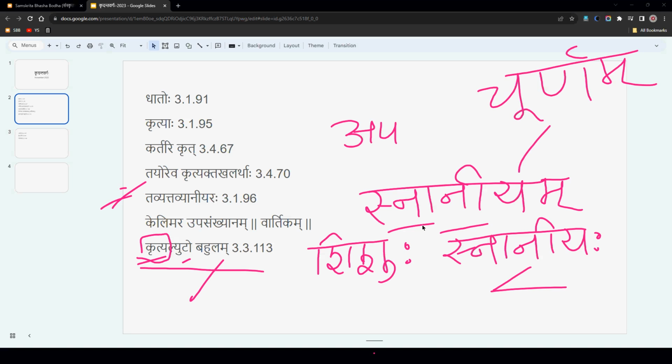Previously they used to use the churna, but now soap. Snaniyam dehi means give me that soap. So that soap is used for bathing, right? It is a karana or sadhanam, the instrument used for that action, bathing. So because of the language usage, snaniyam is being used for karanam, whatever is used for bathing. This is one example. There are a couple of other examples in other karakas, which we'll see in the next class.